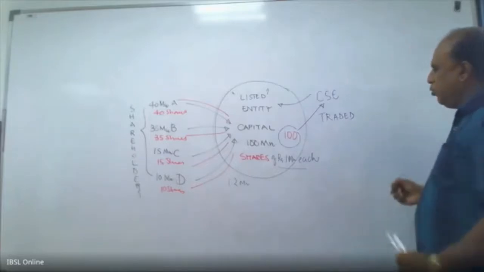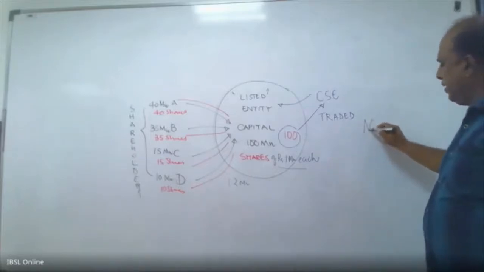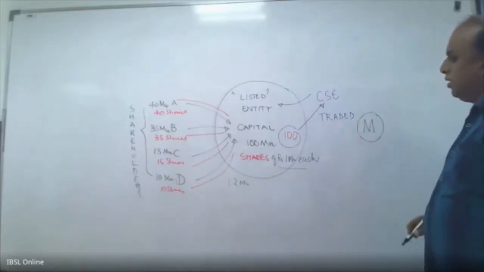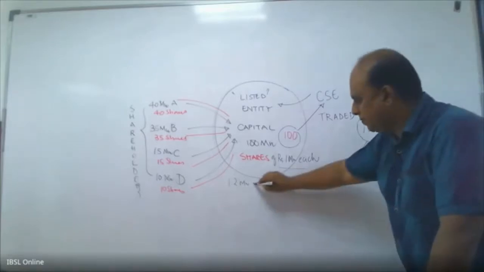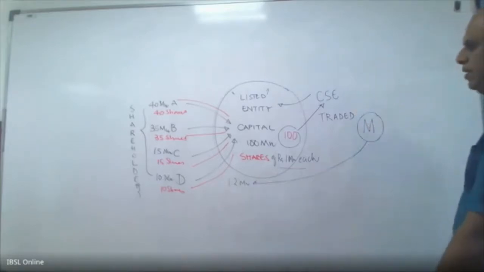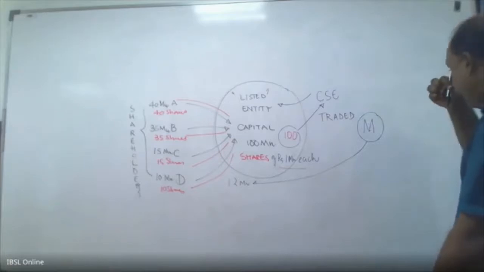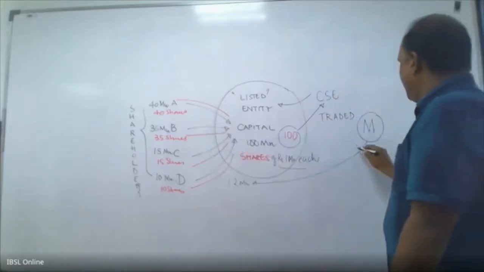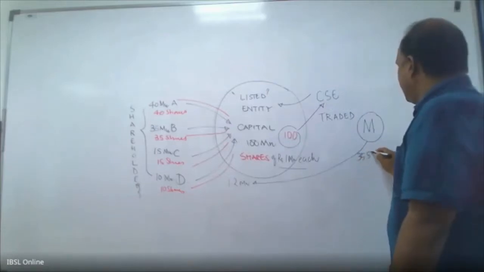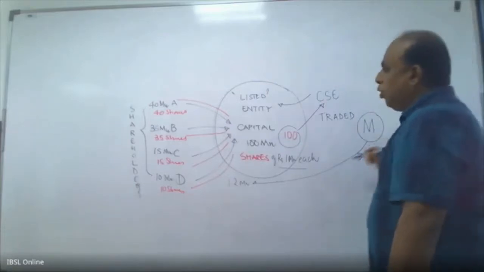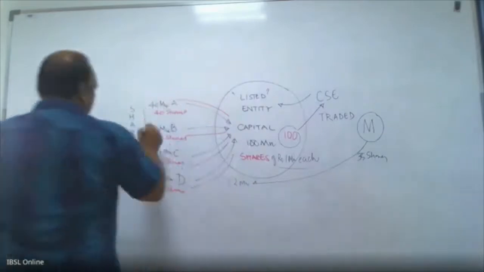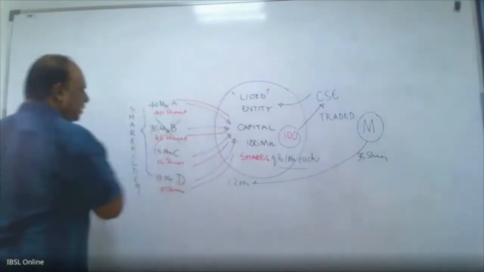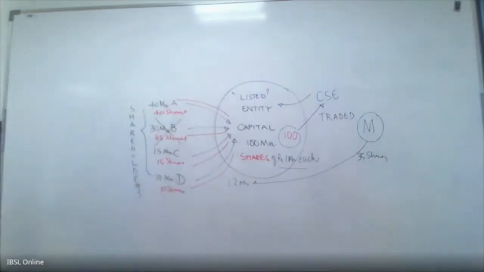Assuming that a new person named M wishes to buy this, they will buy these 35 shares. The moment it is sold, this person loses his ownership.